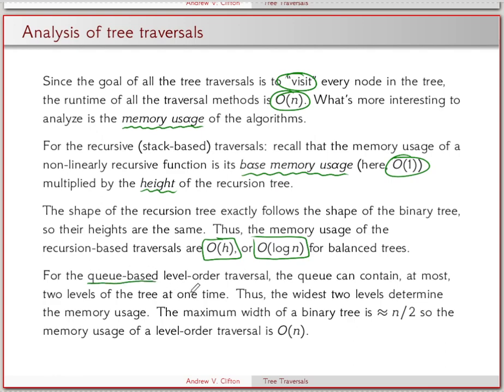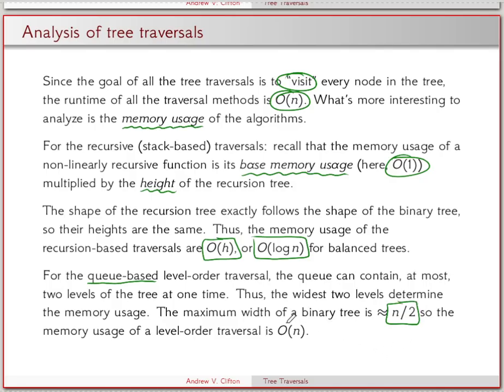For the queue-based one, the level order traversal, the queue contains at most two levels of the tree at one time, right? It might have level K and then some of level K plus 1. So the widest two levels determine the max memory usage here. The maximum width of any part of a binary tree, depending on its shape, is the number of nodes over 2.